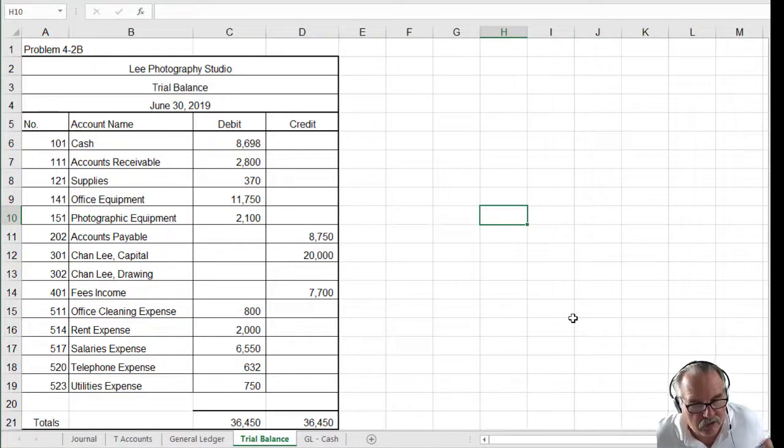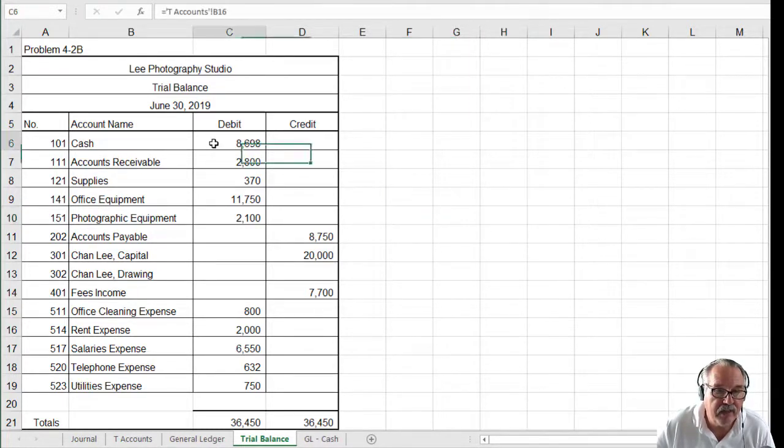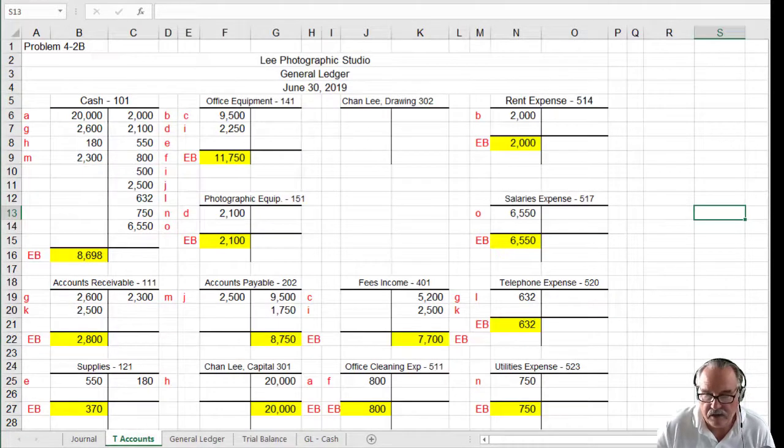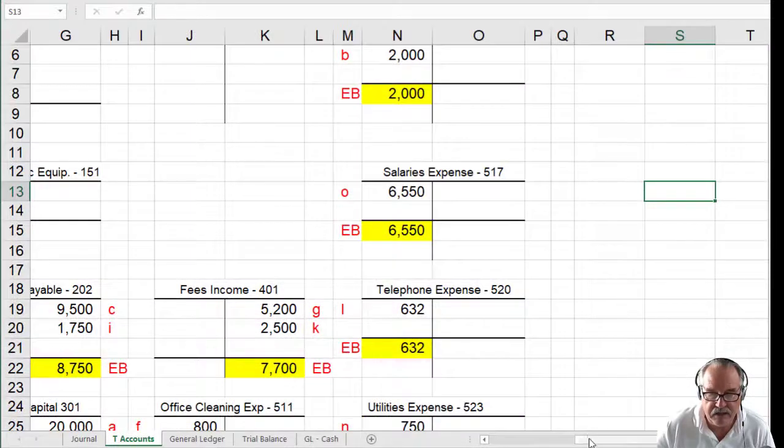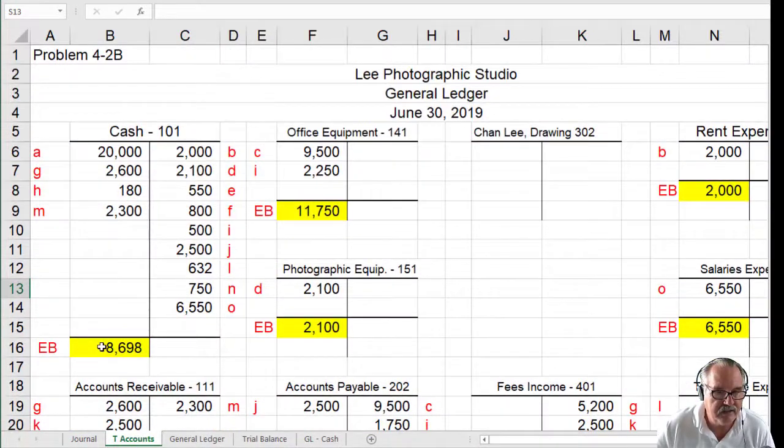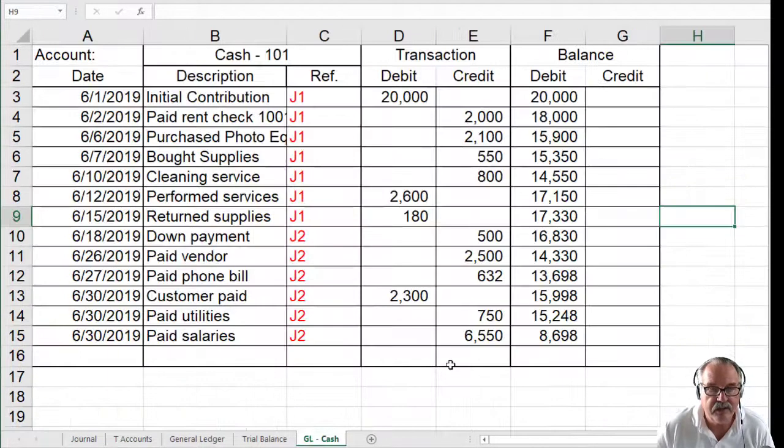Now I wanted to also show you, I posted everything just to the general ledger cash account. So I've got that. Notice that $86.98 is the balance in the cash account. That is on the trial balance. If I look at my T accounts, the ending balance in cash is $86.98. And so I know that's the balance. So here is the general ledger for the cash account.